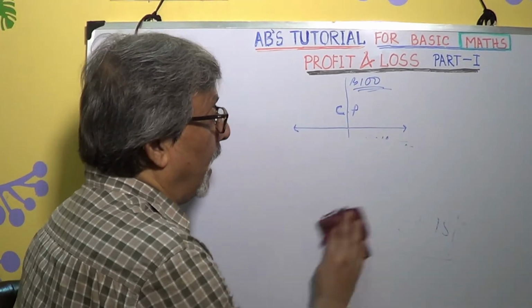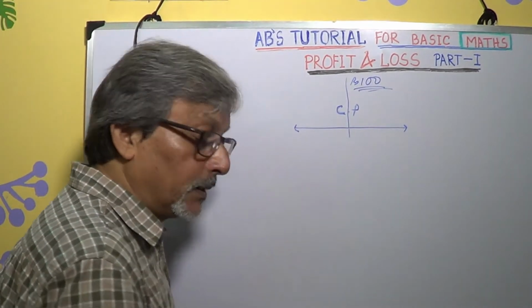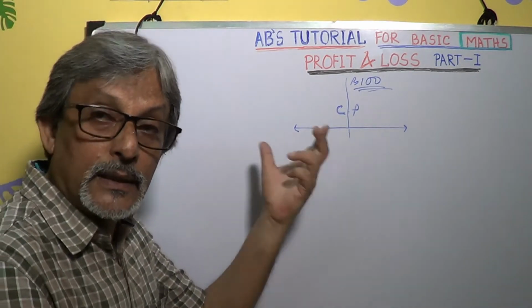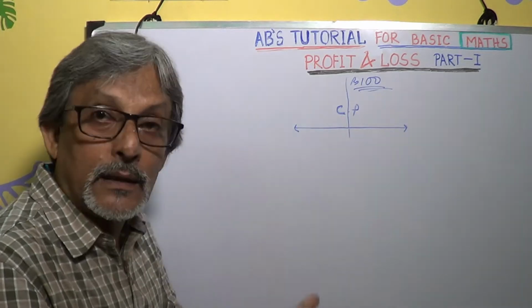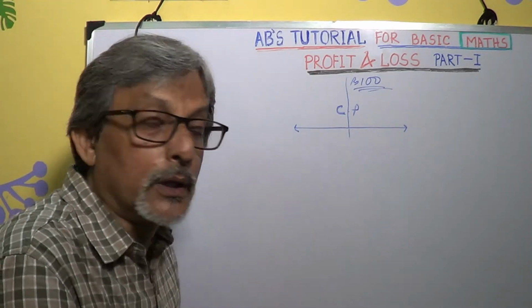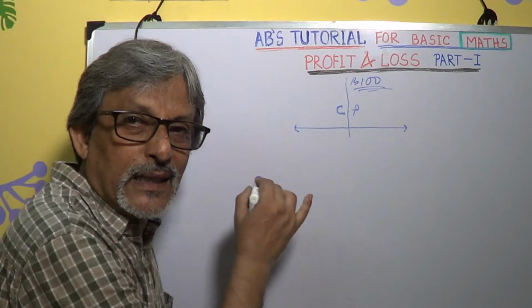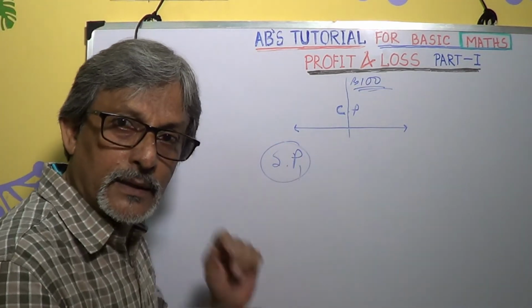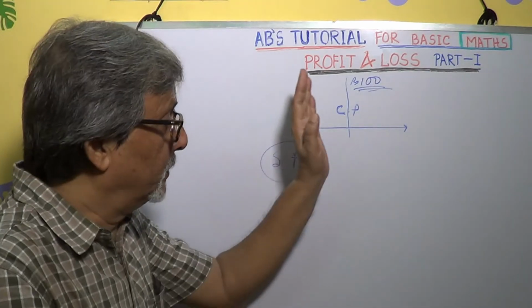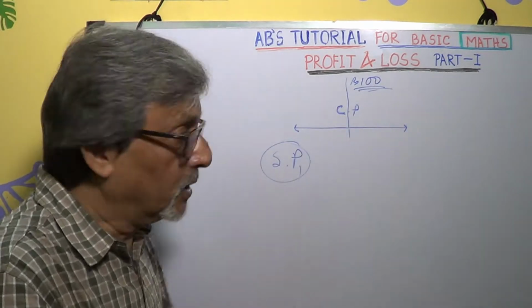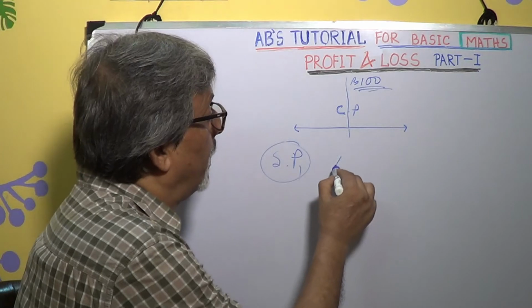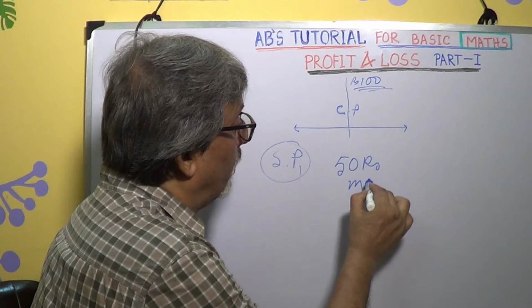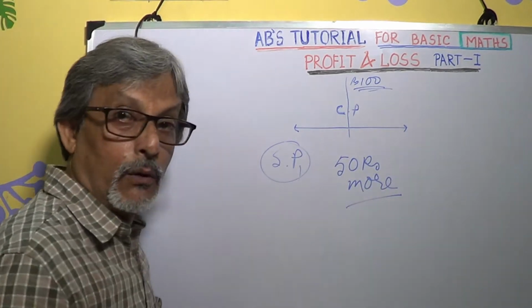Now another concept is what you just see. Sometimes some problems are set only on this concept. They usually say that an article is being sold at a certain price, SP1. Had it been sold, if I could sell it 50 rupees more, what will happen?